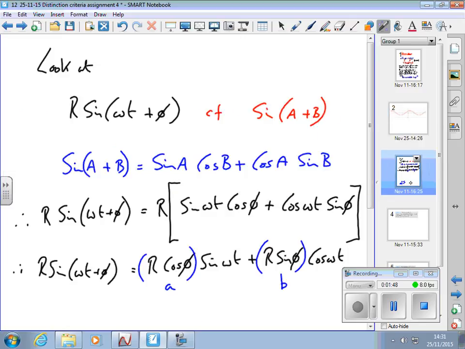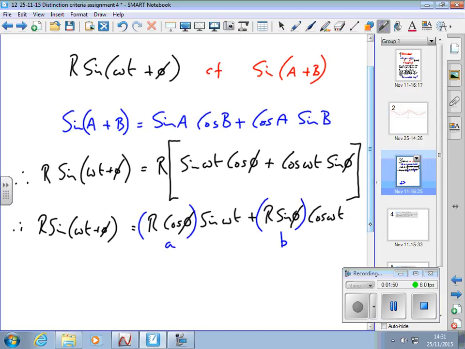So if we think about that in here, the cos phi and the sine phi are fixed. They're constants. For a given value of phi, they don't change. Cos omega t is a cosine wave, continually changing. It depends on time. But sine phi is just a number, and so is cos phi.